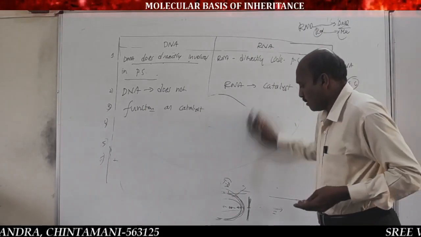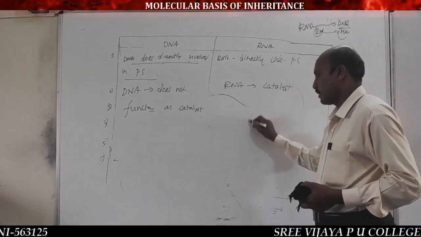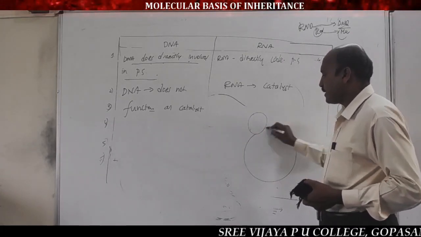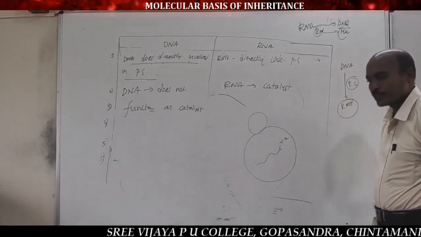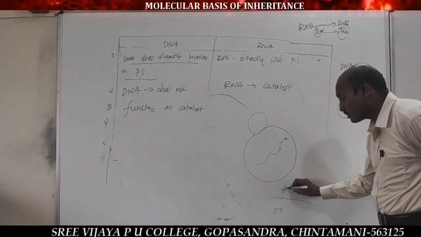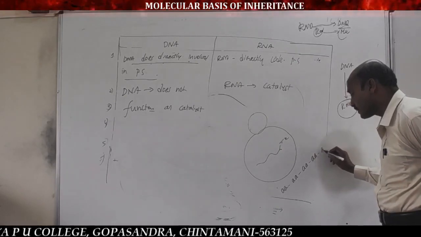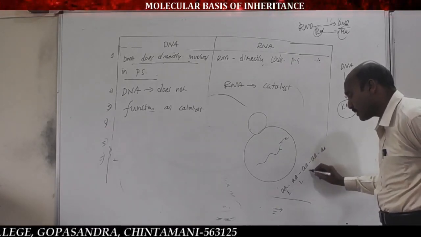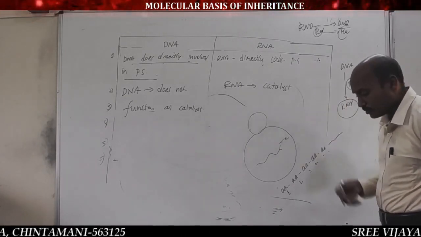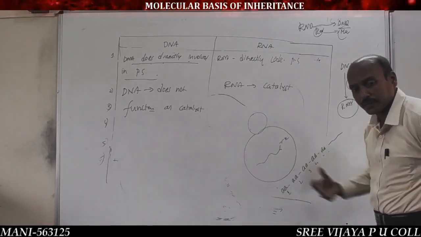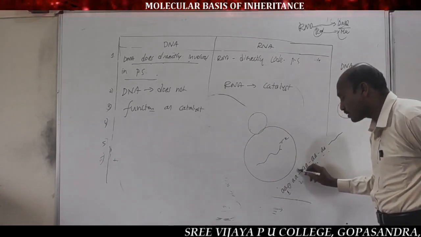Simple example, the rRNA, ribosomal RNA, present inside the ribosome. Now this is rRNA present inside the ribosome. At the time of protein synthesis, between successive amino acids, first, second, third, fourth, and so on, till the terminator codon present on mRNA, the length of the polypeptide chain is elongated by the help of peptide bonds between amino acids.